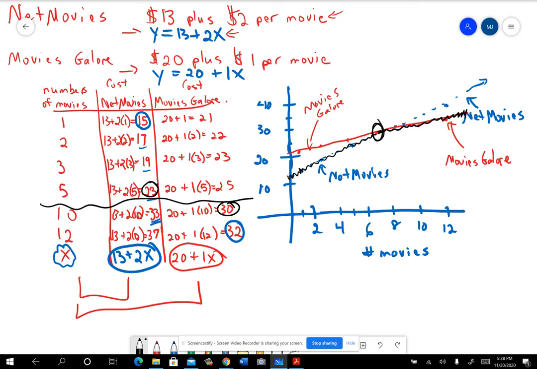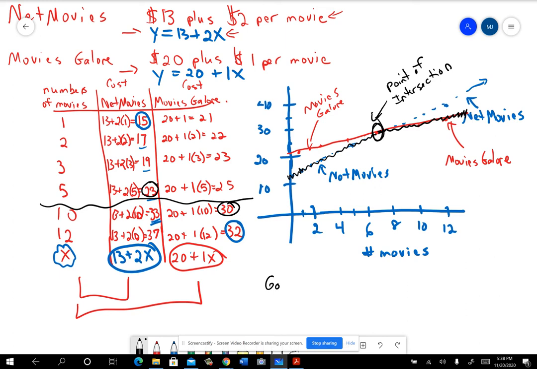And so systems of equations is what we're studying to be able to find this right here, this point of intersection. This point of intersection can be that critical thing that helps us to make our decision. Because we know that if we tend to watch not so many movies, we'd want to go with NetMovies, right?